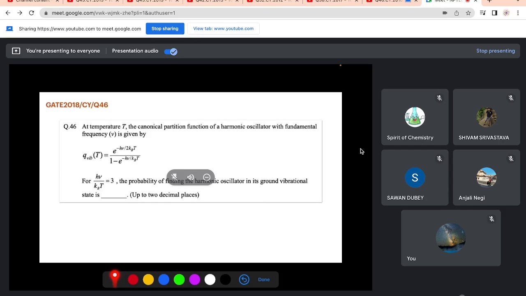So this cancels out, and my expression again becomes 1 minus e to the power minus h nu upon 2 kBT.